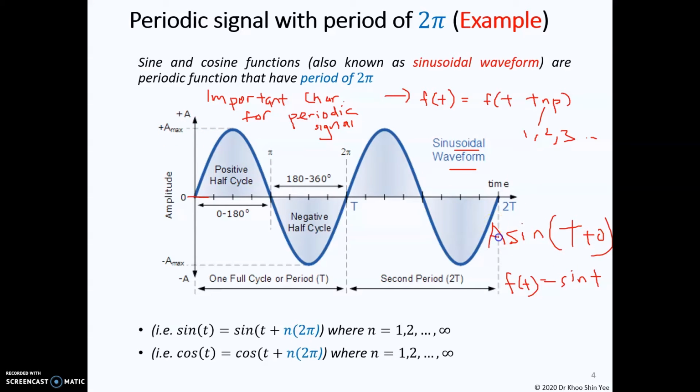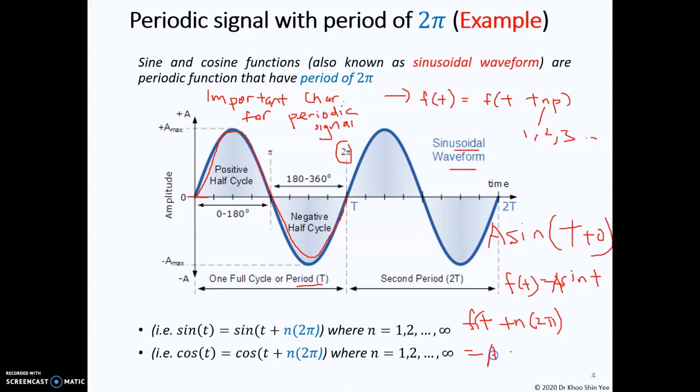So we can just substitute A into it. One cycle for this function is equal to 2 pi, therefore your period is equal to 2 pi. We can substitute into f(t plus nP), where your period is 2 pi. So you have to substitute t equal to t plus n 2 pi here.